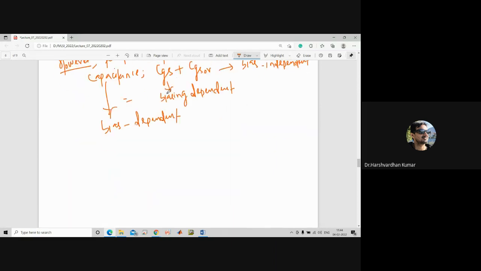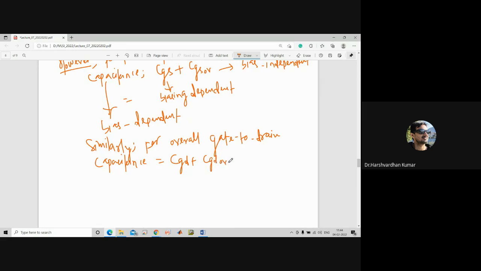Similarly, the overall gate to drain capacitance will be equal to CGD plus CGD overlapping.